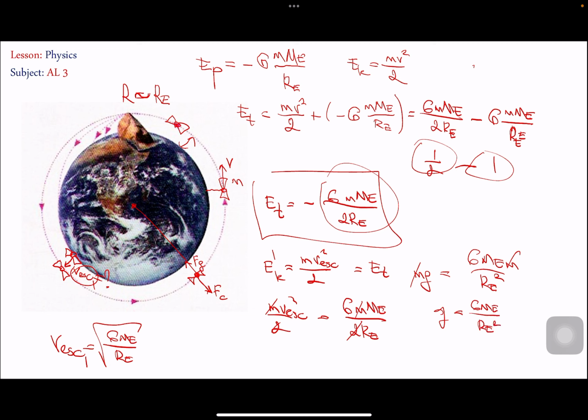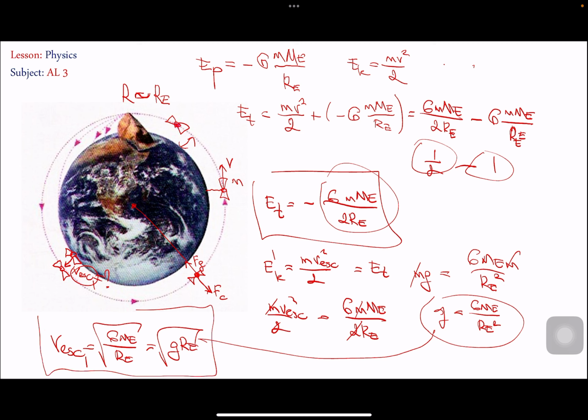So I can write it in terms of gravity. If I put it here, my gravity times radius of Earth in the root will have the same meaning as here, for example, for our planet. So these two equations are also valid. You may use any of them.